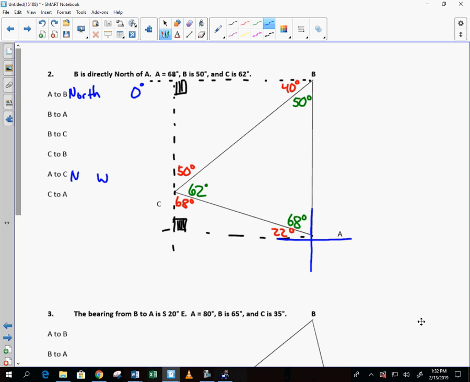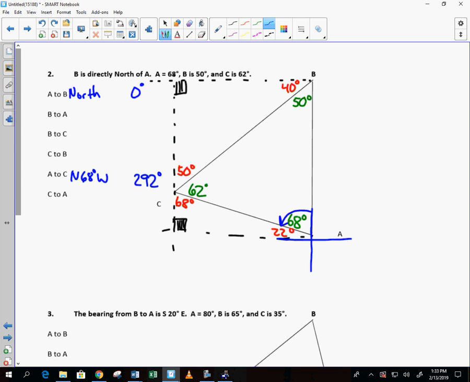So, from north, how many degrees do I turn towards the west? 68. So this is where you have to use the 0 or 360. Do we go 68 past 0, or do we do 68 back of 360? 292. All right, we're done with A.